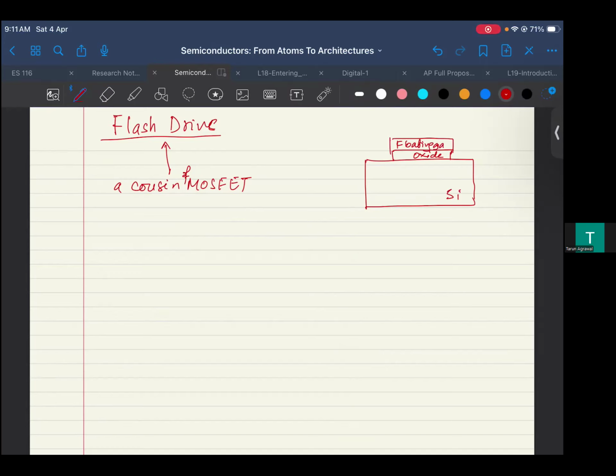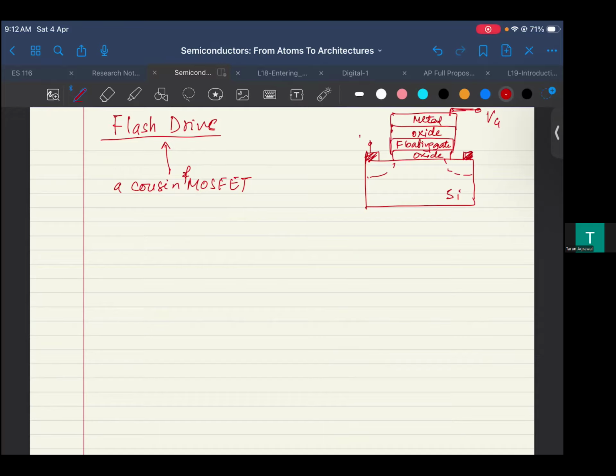Floating gate means it's a material which is floating in between. There is no potential directly applied to it. That's why it is called floating. Then there is another oxide, and then your metal or whatever highly conductive material where you apply the voltages. And the source and drain are very much the same as what we have seen.